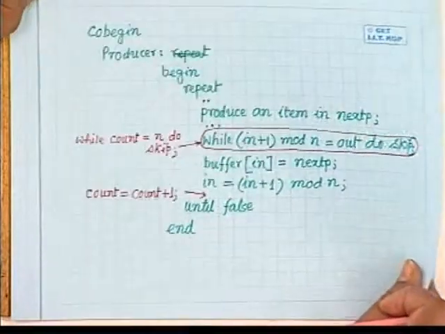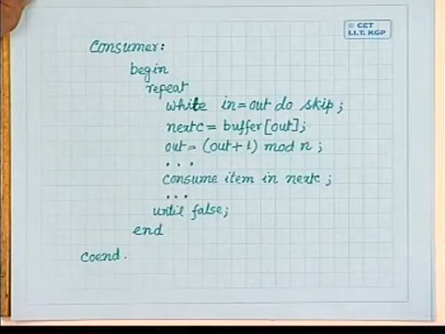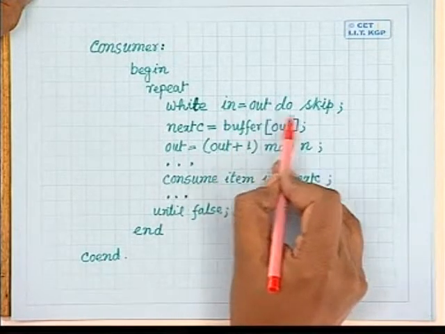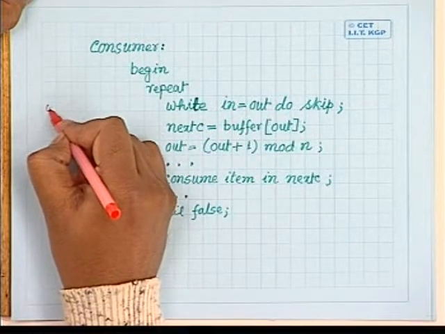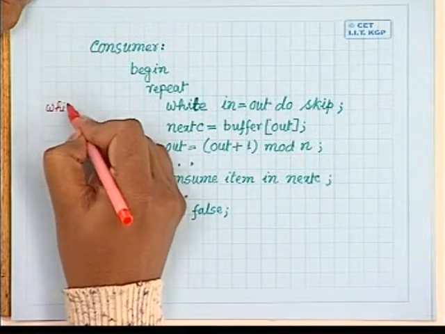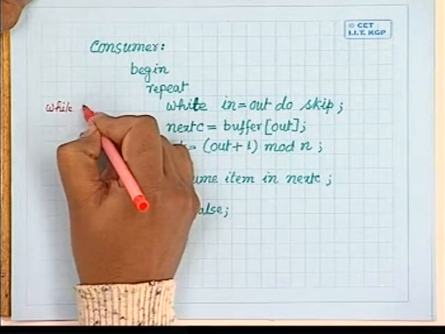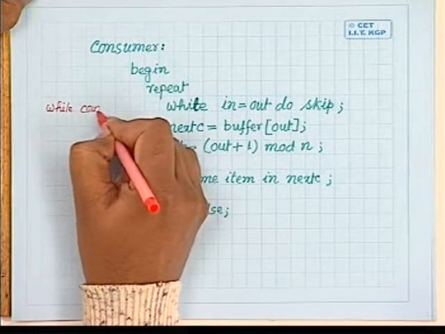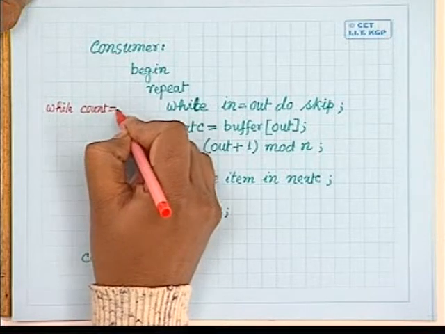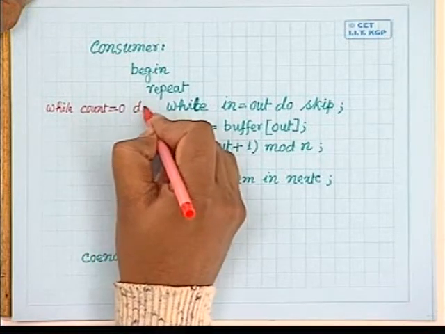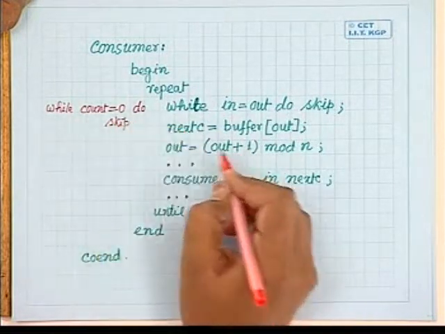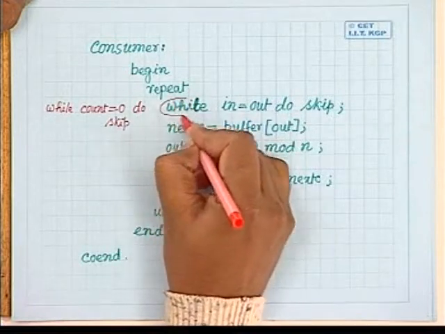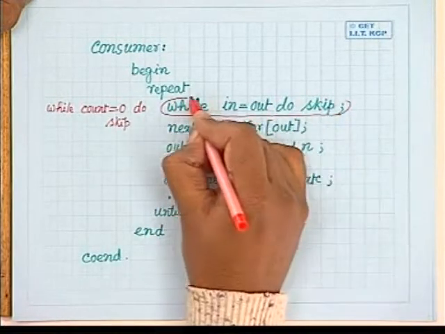Similarly, for the consumer process, instead of checking while in equal to out, we have to check while count equal to 0. This will replace this statement.